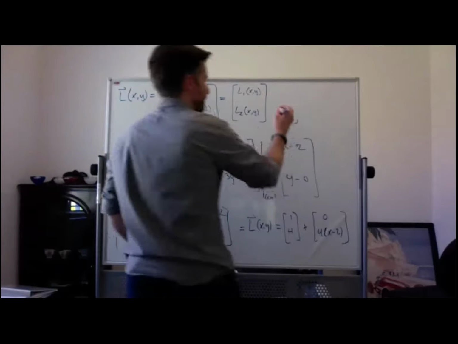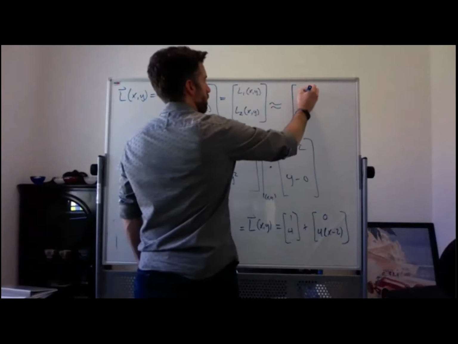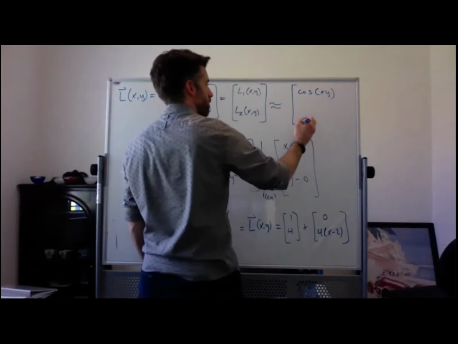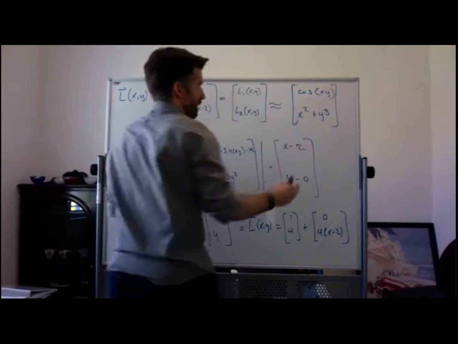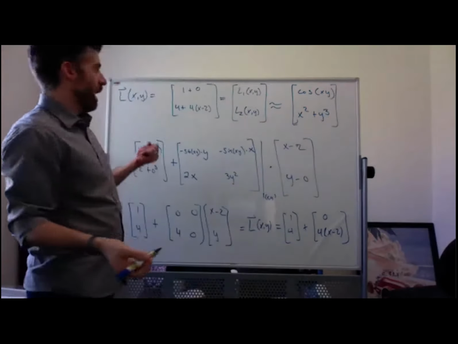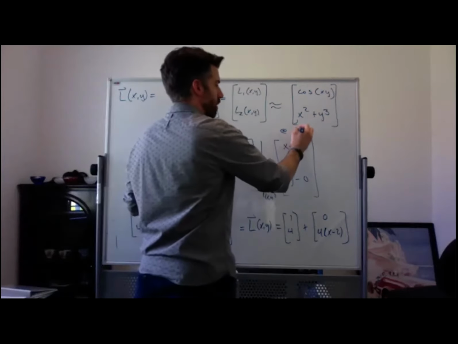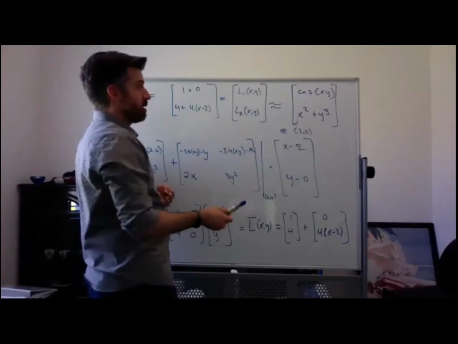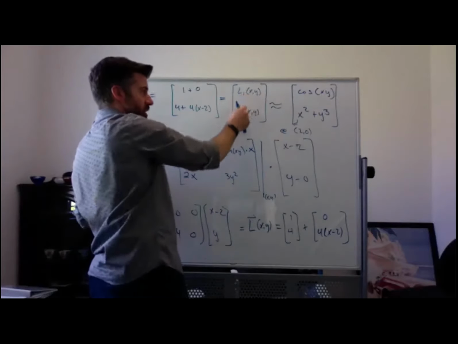So what we're actually saying is that at the point 2, 0, this vector valued function is approximated by these linearizations.